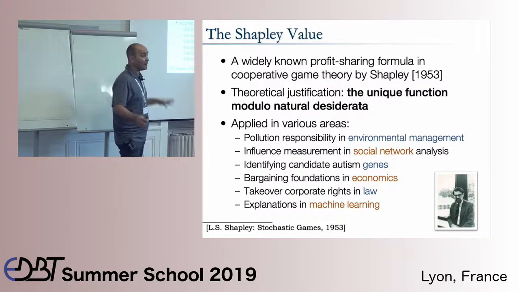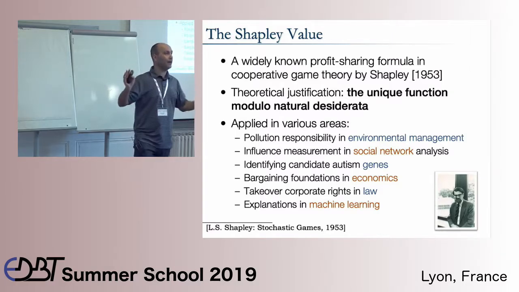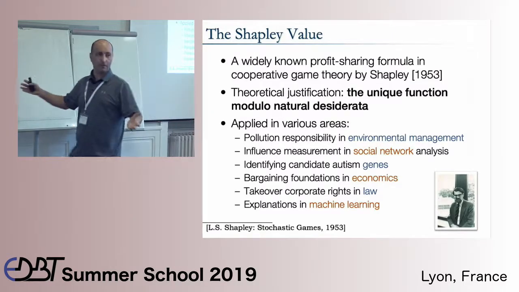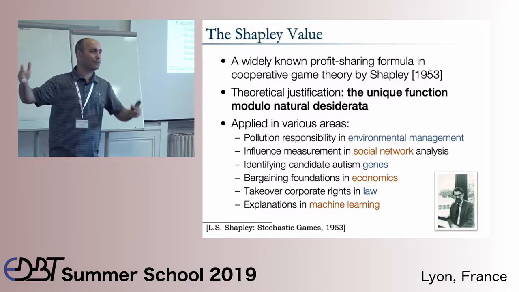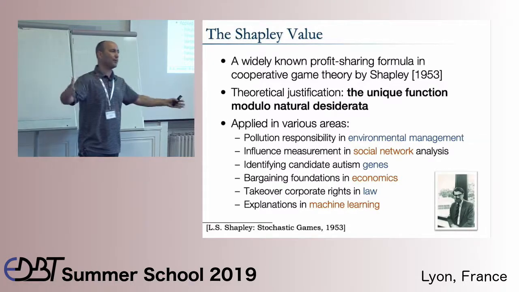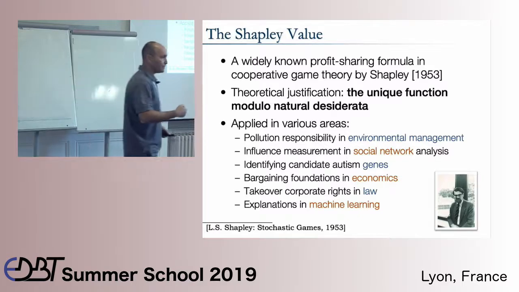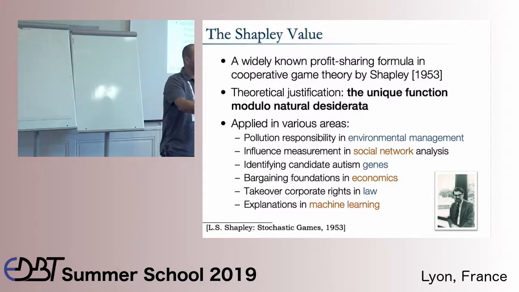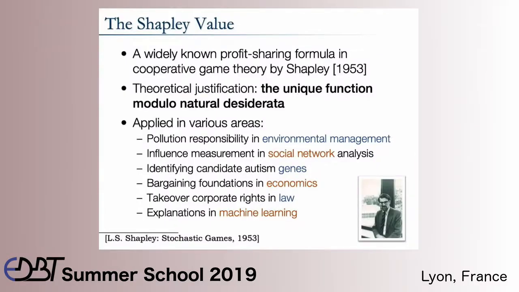The Shapley value comes from game theory. This is a general idea: if you have a coalition of people doing something that in the end results in some profit, how do you split the profit? How do you divide the profit between the players? It may be the case that you cannot assign a clear portion to each of the players in the coalition.